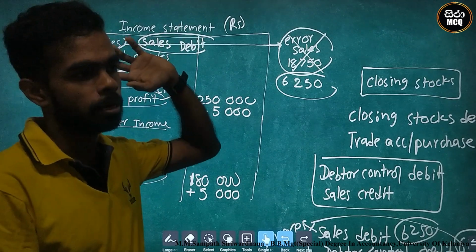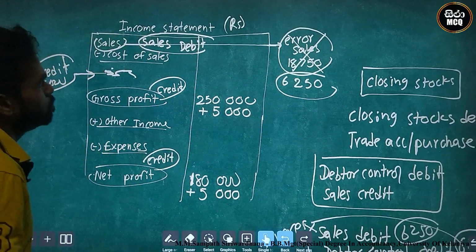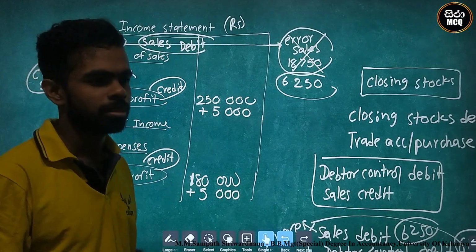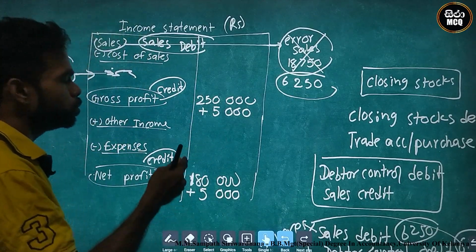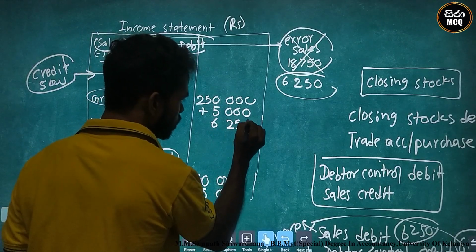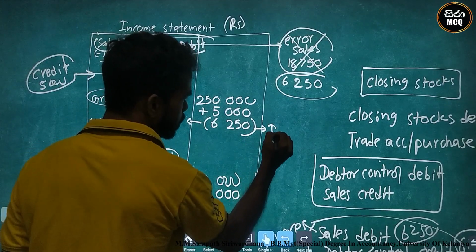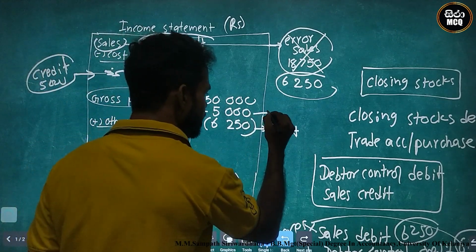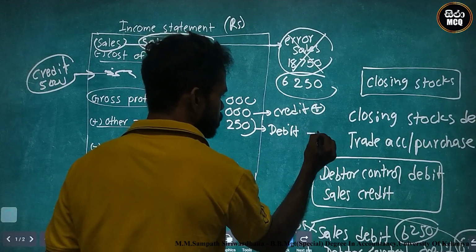This is the top area impacted, therefore gross profit was impacted. Sales was debit. Gross profit is a credit balance, but this short is debit, so it must be deducted. 6,250 must be deducted. Why? This is the debit short. All debit shorts should be deducted, all credit shorts should be added. Credit add, debit short minus.